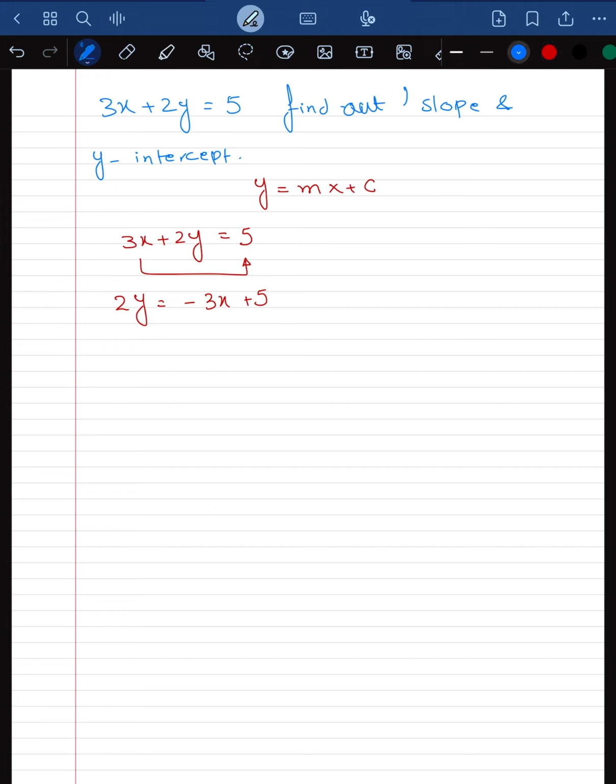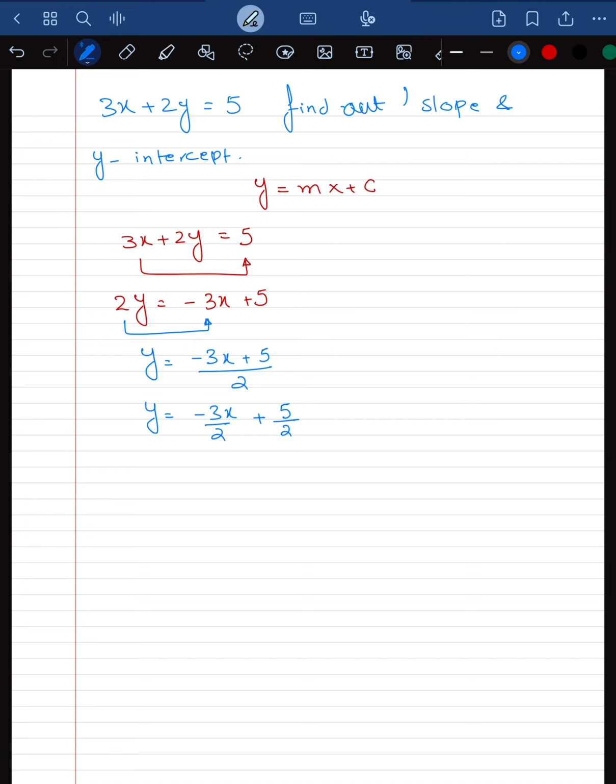Now this 2 will divide on this side, right? So this will become y is equal to minus 3x plus 5, all over 2, right? And we can also write it as minus 3x over 2, plus 5 over 2, writing them separately.